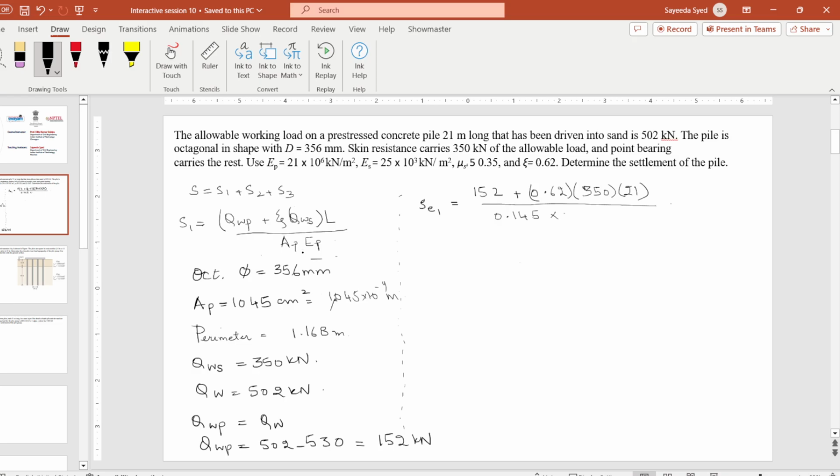Let's calculate this. SE1 comes out to be 3.35 mm.